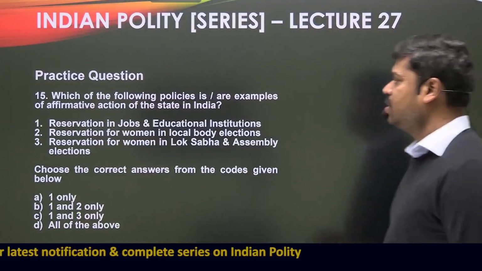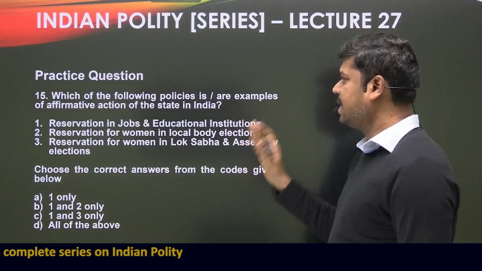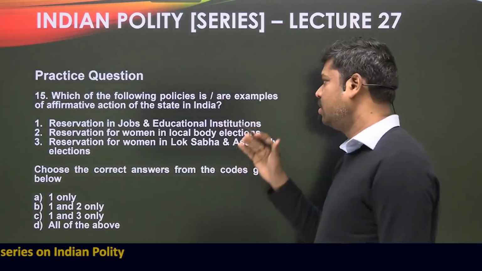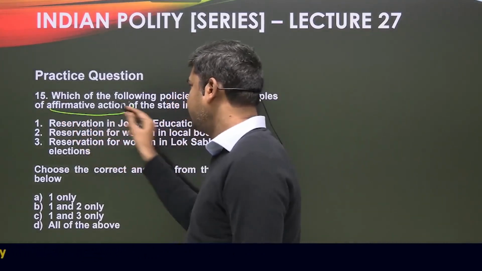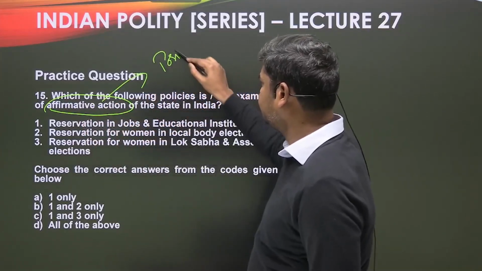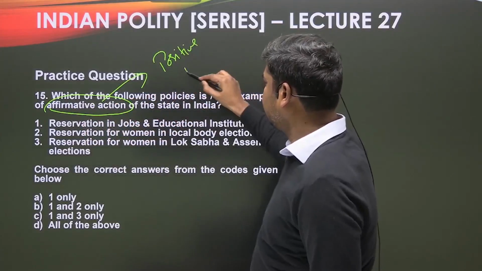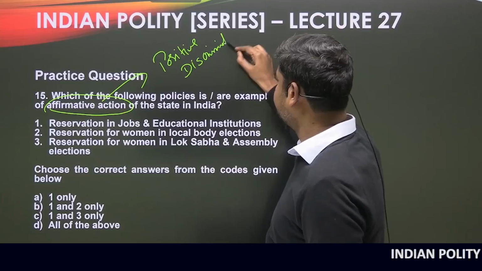Come to next question, question number 15. Which of the following policies is or are examples of affirmative action of the state in India? Affirmative action means these are all policies which are in the nature of positive discrimination. So policies which are in the nature of positive discrimination are usually what is called as affirmative action.